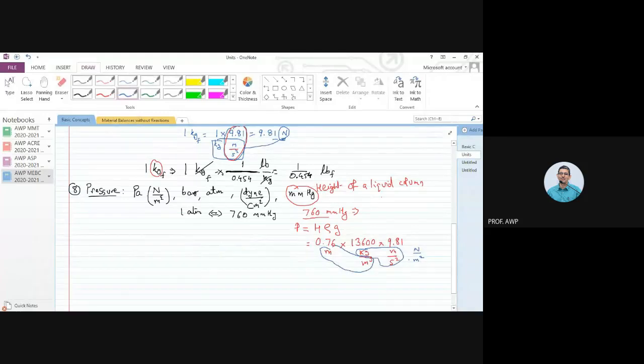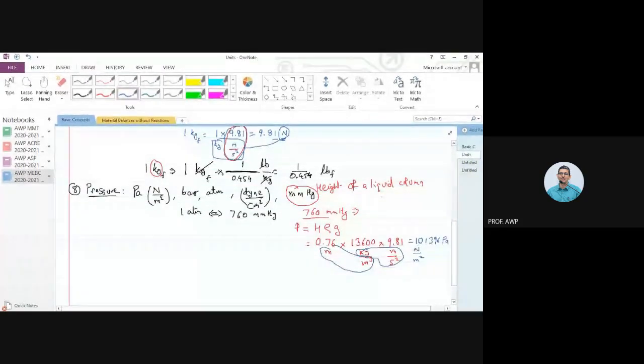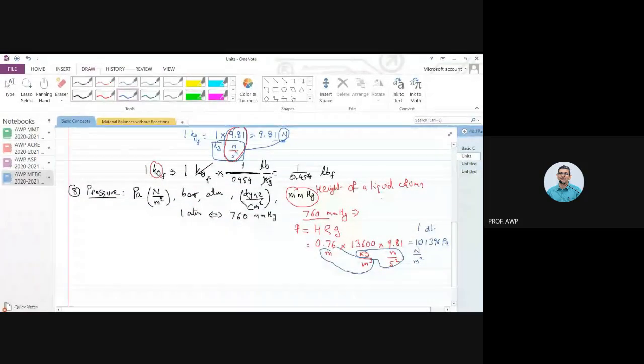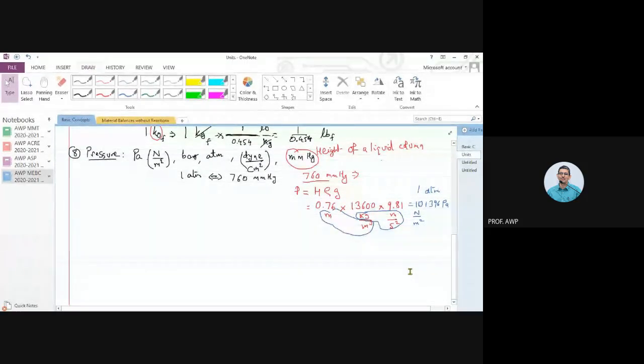So this 0.76 into 13,600 into 9.81, that is like 1.01396 pascals, and we say this is equal to 1 atmosphere. Right. So please feel free to stop me anytime. Please feel free to interrupt, and we can discuss any aspect.